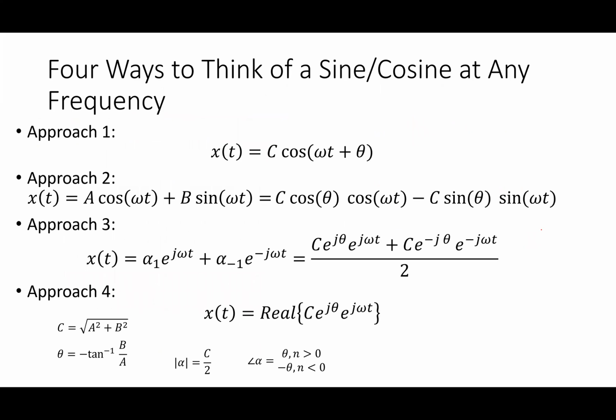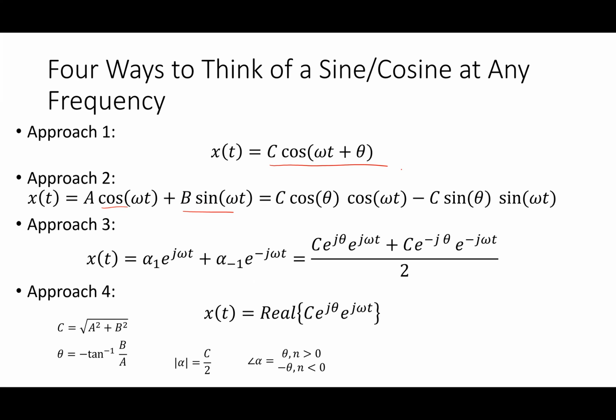Now, what we can do is convert between the forms of the series. I talked about this last time, in the last lecture, about how you get between the different forms of the series. I basically said there's 4 ways to think about a sine or a cosine at any given frequency. In other words, I can take some amount of cosine plus some amount of sine and say that that is equal to what I call a shifted cosine.